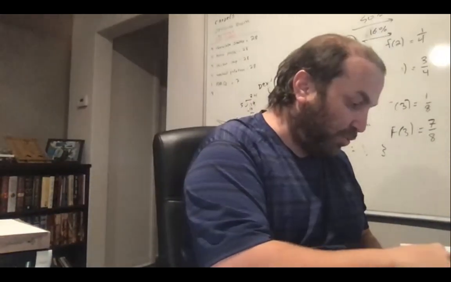How much is it going to be? 29.3. So you did 540 times 162 divided by 2984. Yes, and that gave us 29.3. Okay, good. Excellent. And then the next one.